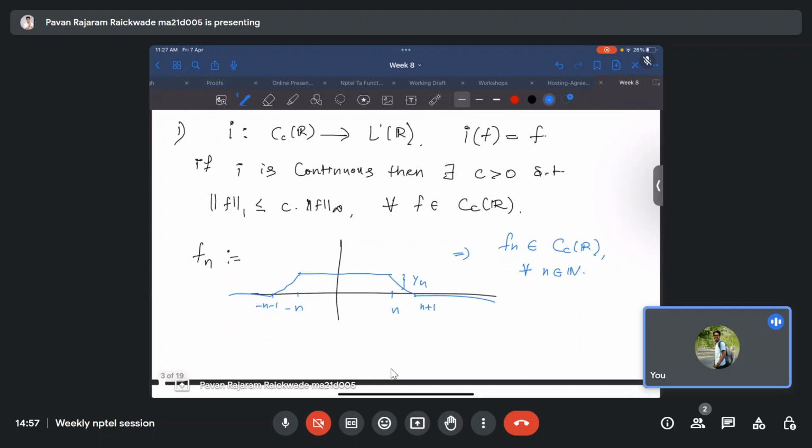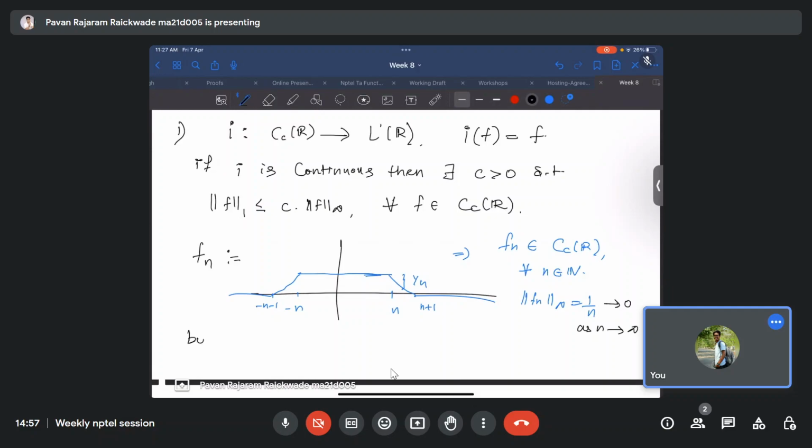And we can see the infinity norm of f_n is 1 by n, because that is the height, which goes to 0 as n goes to infinity.